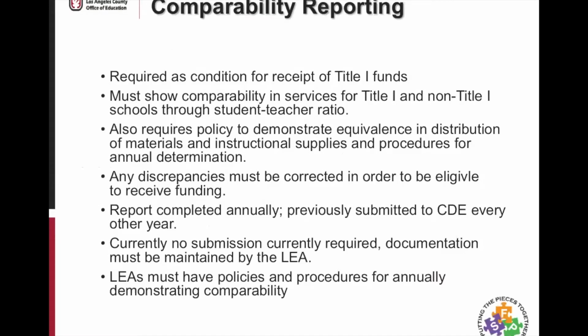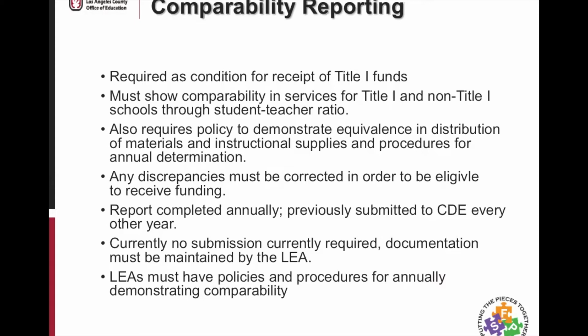Comparability reporting, as I believe I mentioned earlier, is required as a condition of receipt of funds. And that's why the calculations need to be done early in the year. So you need to show comparability for services in Title I and non-Title I schools. And now a change in the last couple of years has been that you can only use student-teacher ratio.